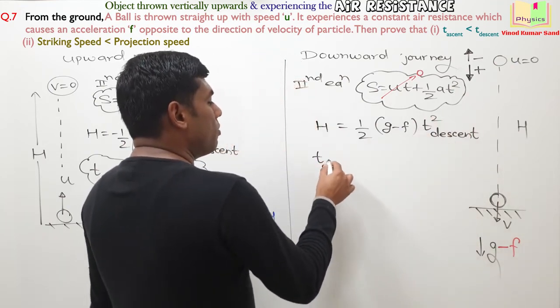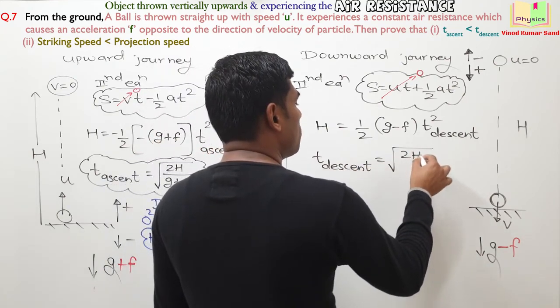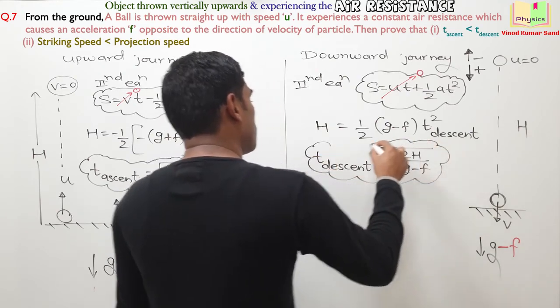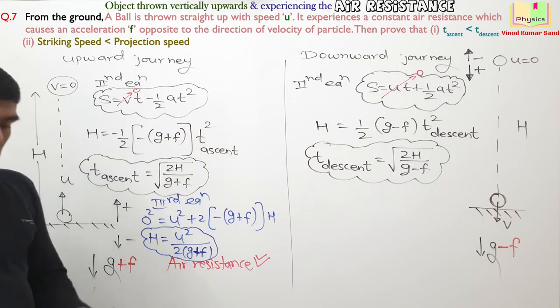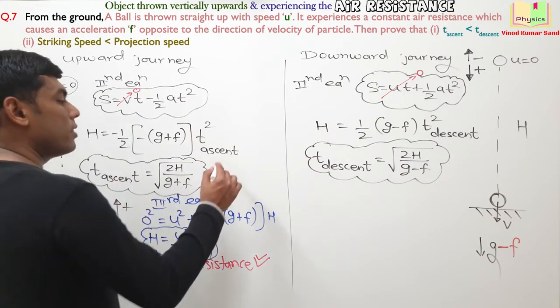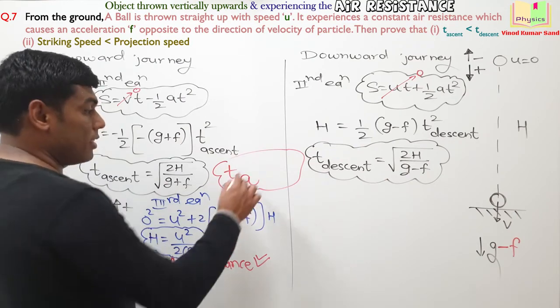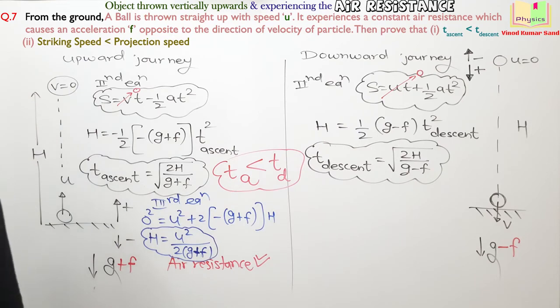So the time of descent comes out to be root of 2h by (g minus f). Note it down. You can easily compare the time of ascent and time of descent. In this case, we can say the time of ascent is less as compared to the time of descent.